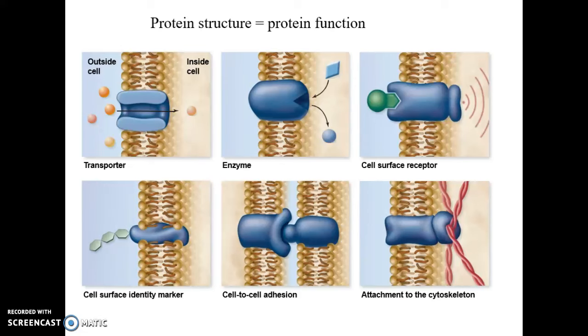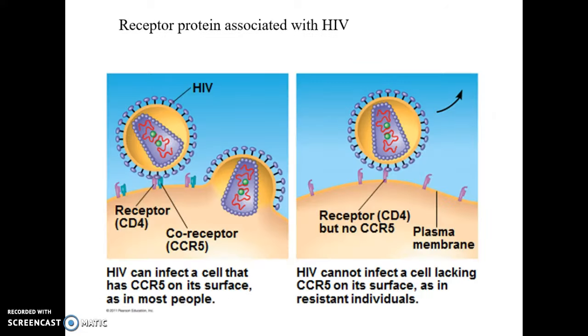Okay, so a real life example we want to take a quick look at is receptor proteins associated with HIV. HIV is the virus that leads to AIDS. Now, HIV has protein markers on it. Those are those little knobby things there on the HIV molecule.